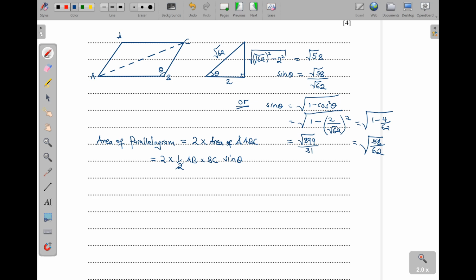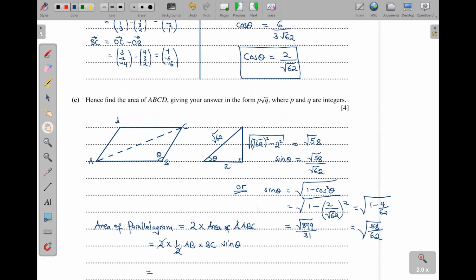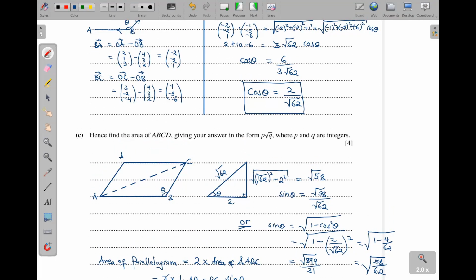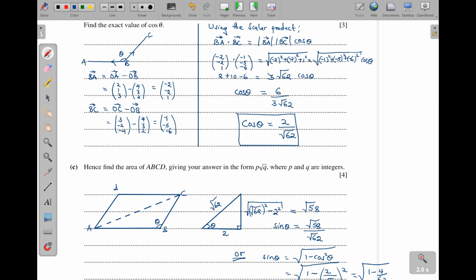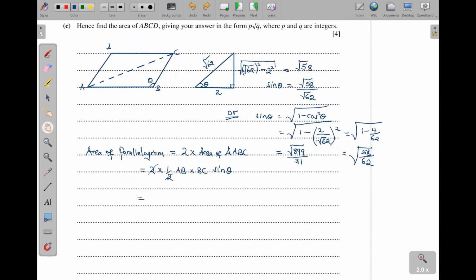Of course, the 2 and the half cancel, and then we have AB. BA and AB are the same when it comes to length. It gave us a 3, so I'm just going to put a 3 here.